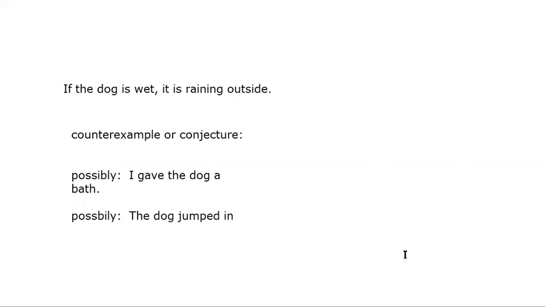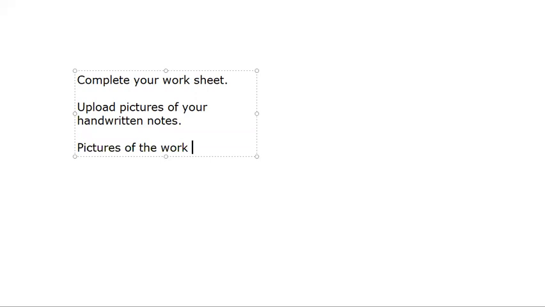Okay? And you are ready to get this ribbon. So what you need to do now is complete your worksheet. You're going to have pictures of your handwritten notes. And you're going to have pictures of the work shown if there is any on this worksheet.